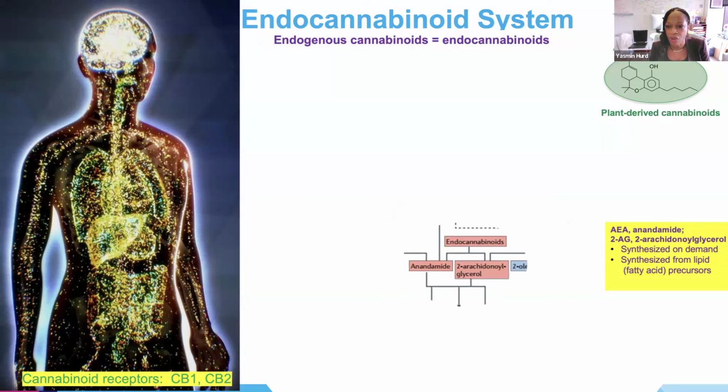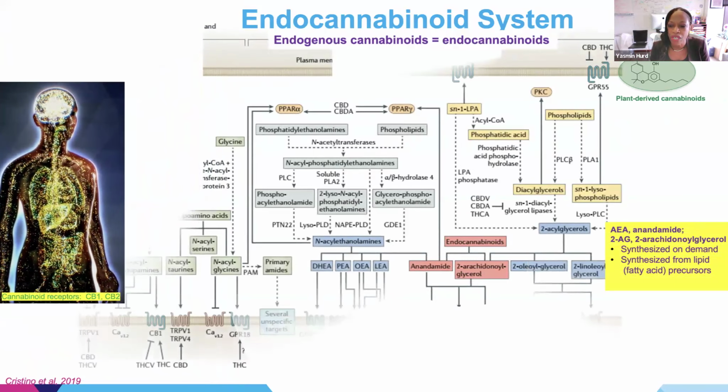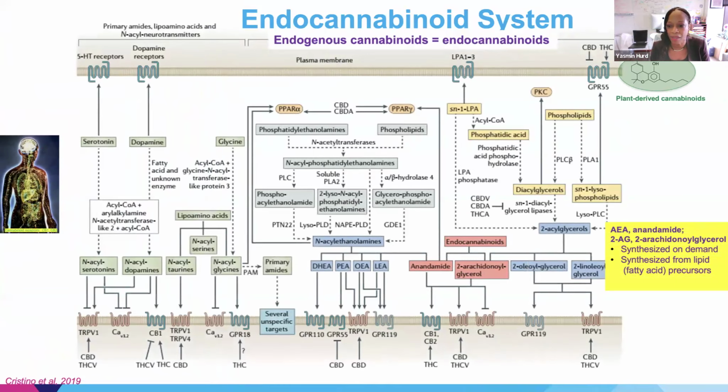But it's important to know that they're part of this extremely complex lipid system. This diagram doesn't even begin to show the complexity of the interaction with other lipids and other biological systems from which these endocannabinoids are derived, and when they are metabolized, their impact on other biological systems. It's an incredibly complex system.